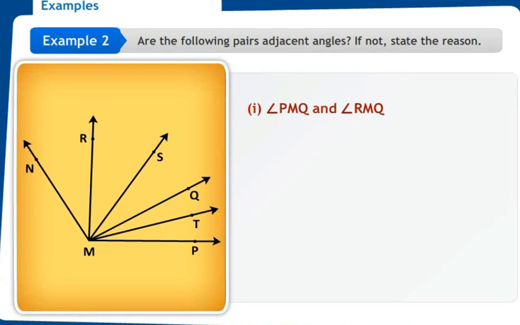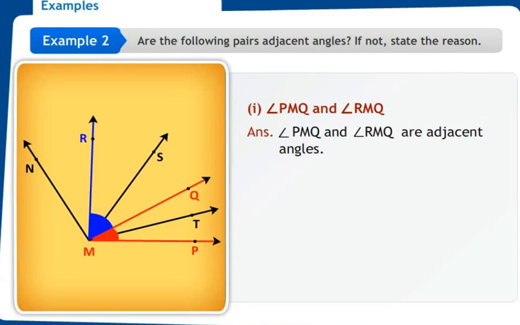Now just have a look at angle PMQ and angle RMQ. Angle PMQ and angle RMQ are adjacent angles. Reason? They have a common vertex M and they have a common arm MQ, and their interiors are separate.